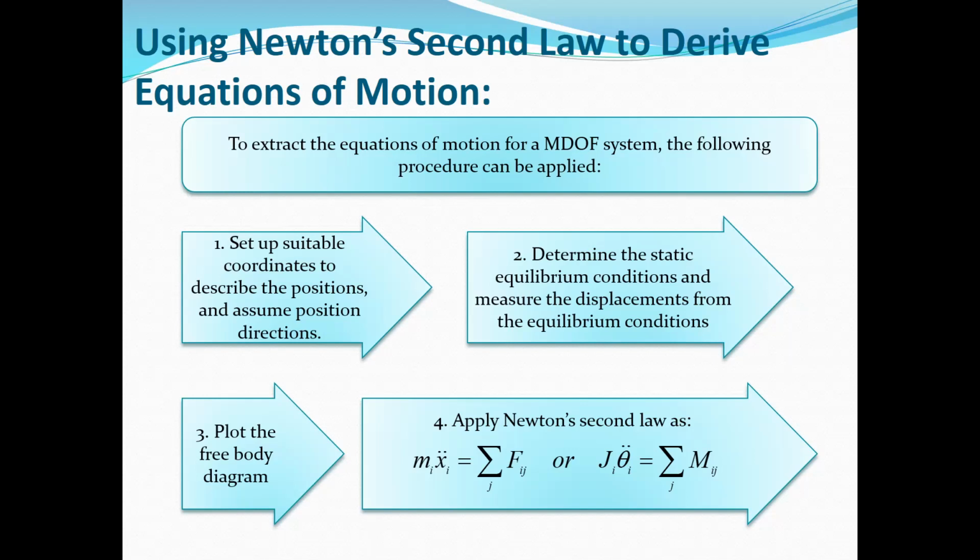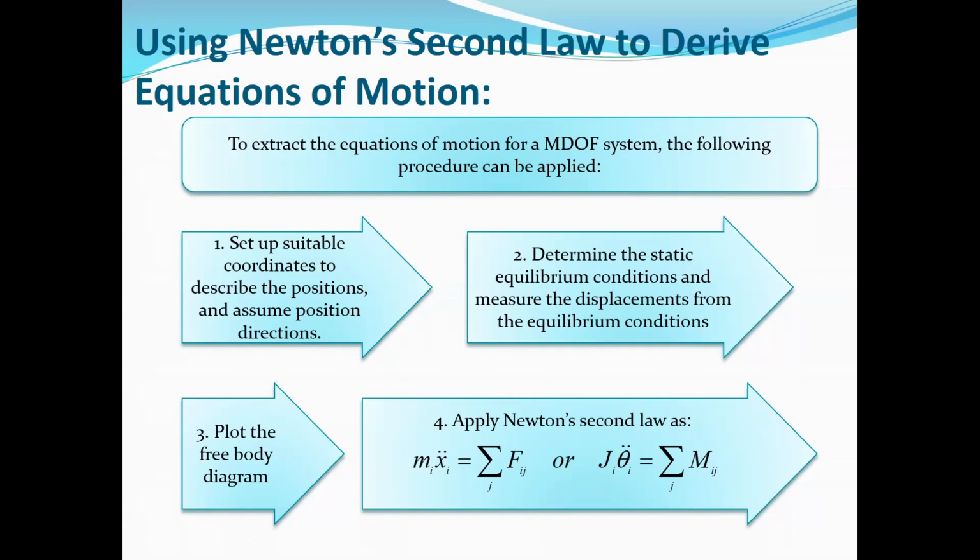Based on the number of degrees of freedom, we will have a different number of equations of motion, as I explained in the 2 degree of freedom systems. When we deal with, for example, an n degree of freedom system, we will have n equations of motion, and consequently we will have n natural frequencies and n mode shapes.